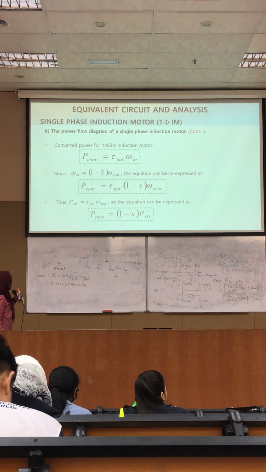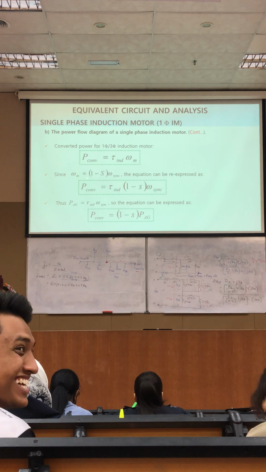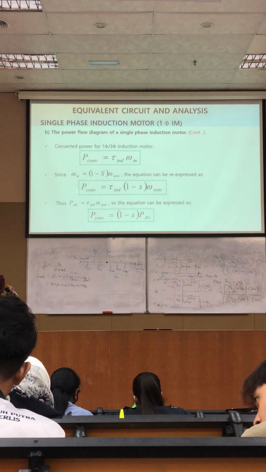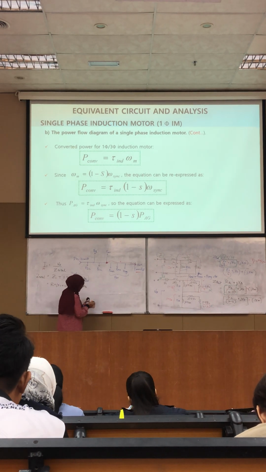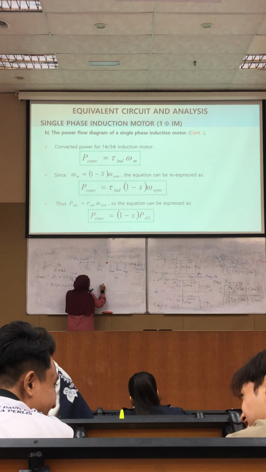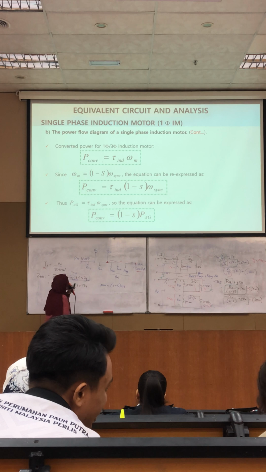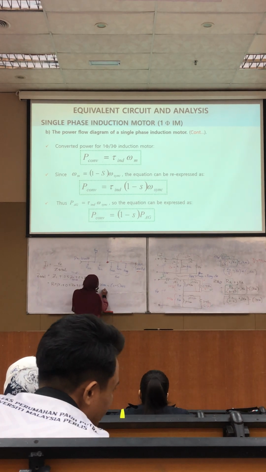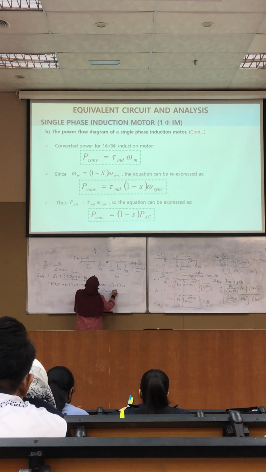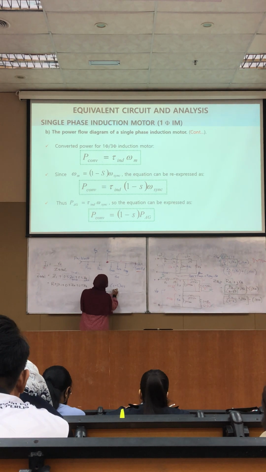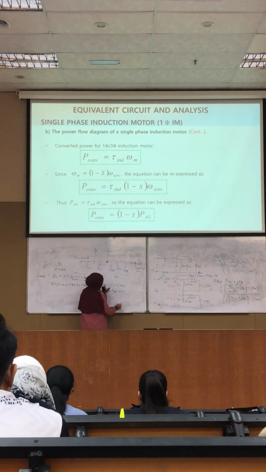Okay, what else? Continue. Converter power is the same as before. For converted power, omega m, the motor speed, is equal to 1 minus s times synchronous speed. Converted power is T induced times omega m.